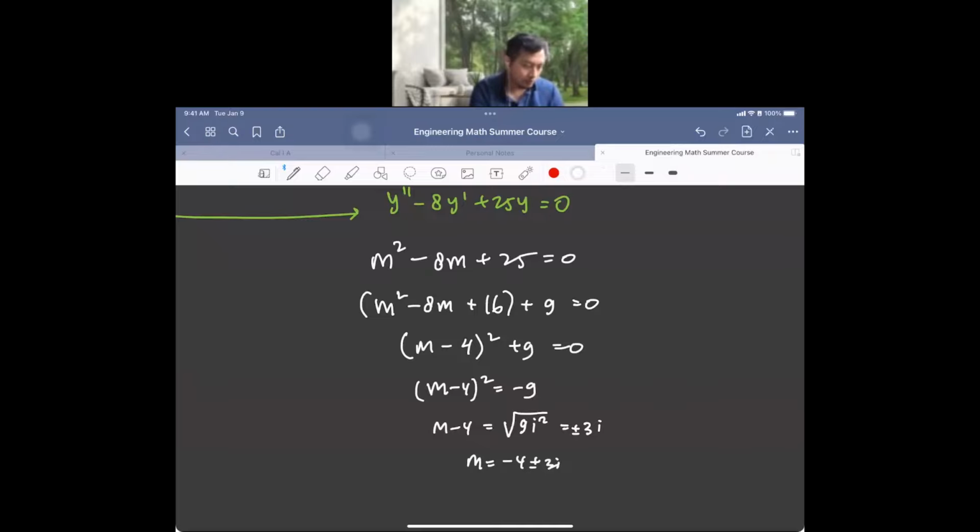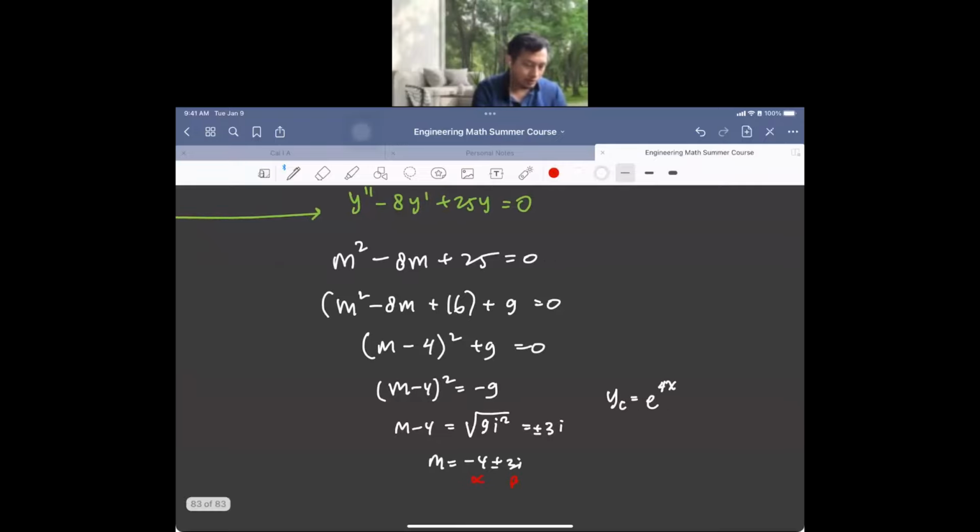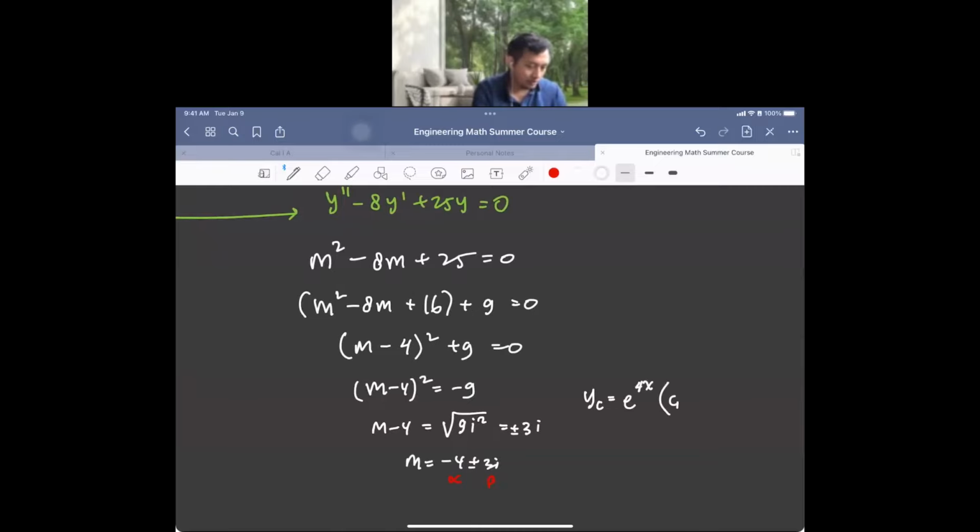And some sort of solution for the homogeneous using Euler, this is alpha, this is beta, so this will be equal to e to the power of 4x, right? And then this will be c1 cosine 3x plus c2 sine 3x.